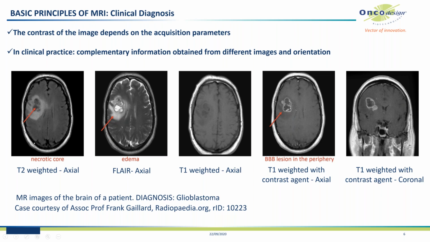In this example of a human brain, the T2 image will enhance the necrotic core here.